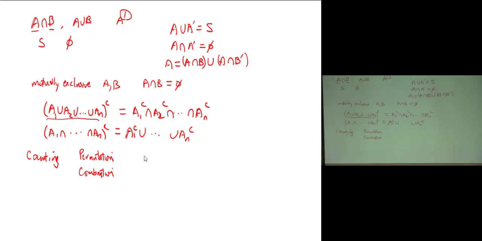Permutation, permute r objects out of n objects. This is equal to n factorial divided by (n minus r) factorial. Basically, it's n times n minus 1 times up to n minus r plus 1. There are formulas here, but I want you to understand how these formulas are used.